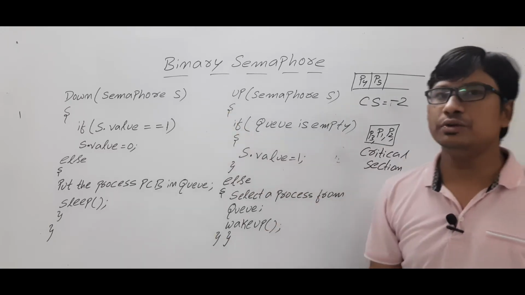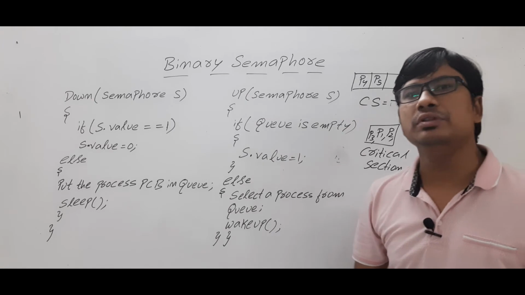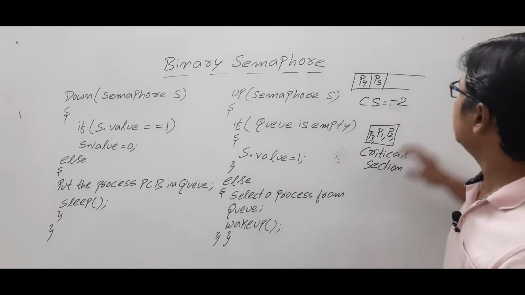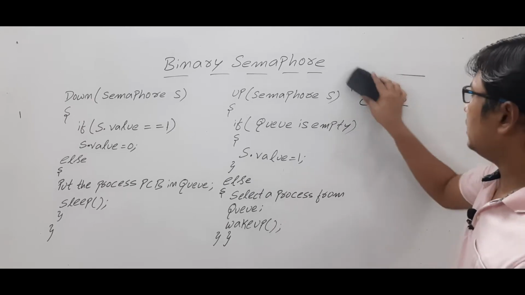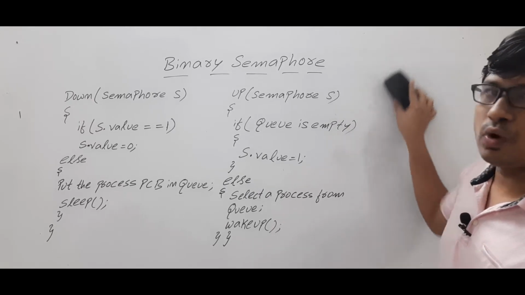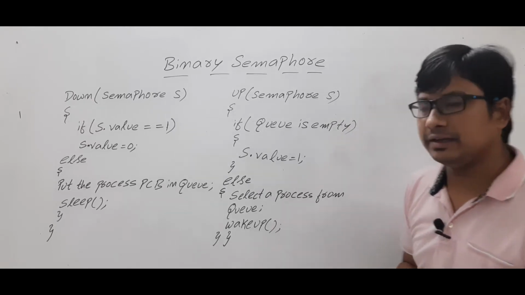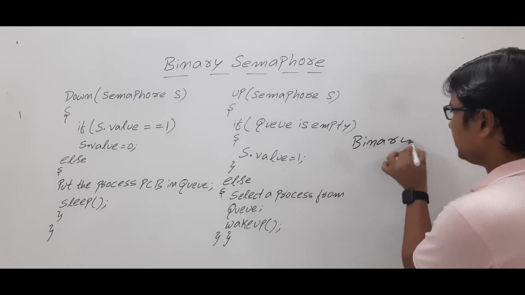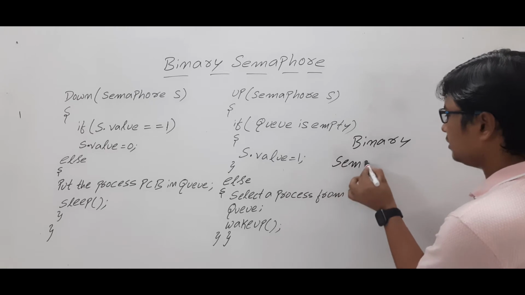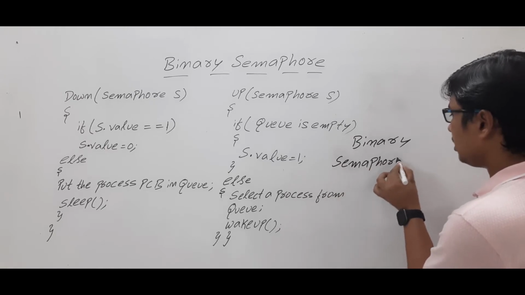Now in this video, I will discuss in detail the binary semaphore. In a binary semaphore, we will have only 2 values, either 1 or 0.